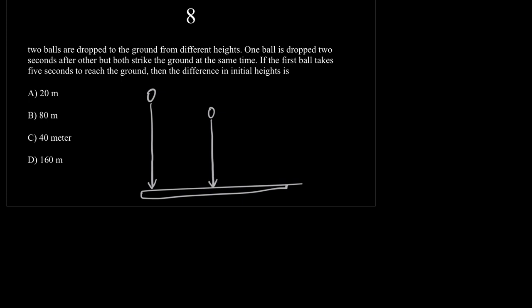One ball is dropped 2 seconds after the other. In both the cases, the initial velocity u is equal to 0. If this is t1 and this is t2, we can say that t2 is t1 minus 2 seconds. So this is the given information.